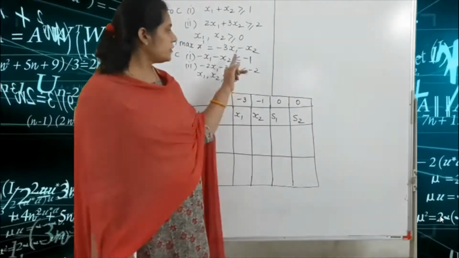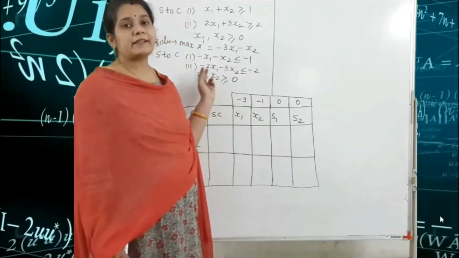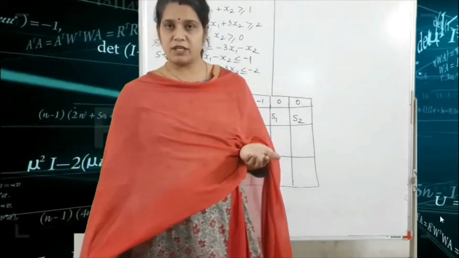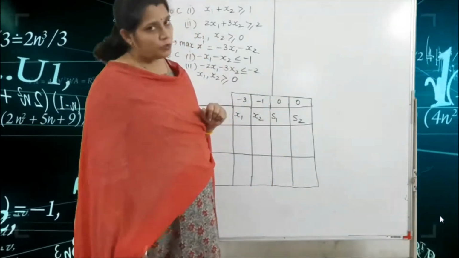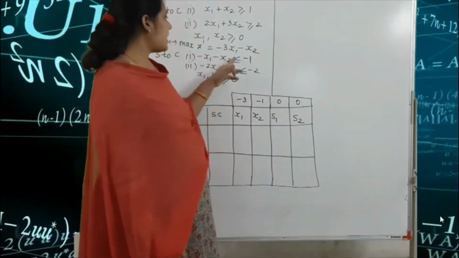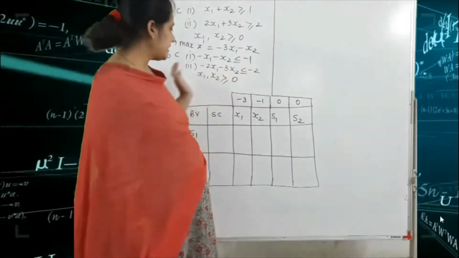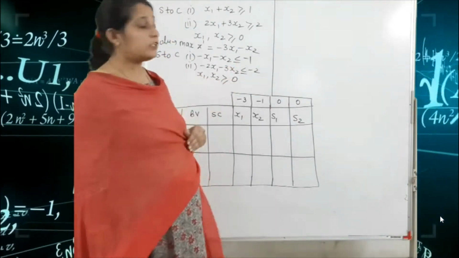In case your inequality is greater than equal to type, you multiply by minus 1 on both sides and convert it into the less than equal to type. After that we write the slack variable, because for making the initial table this inequality is converted into the equal to sign.